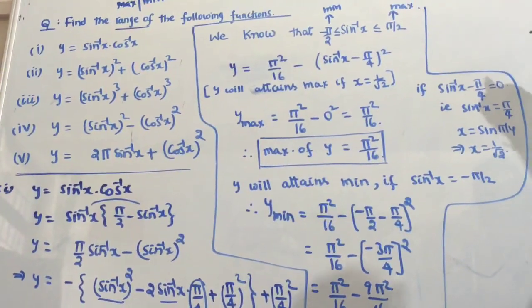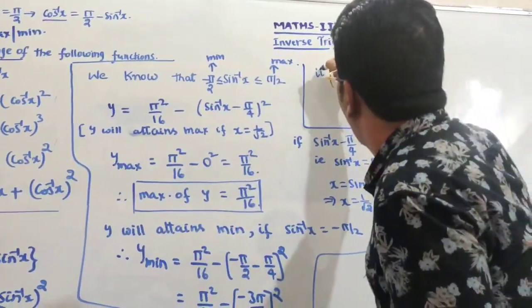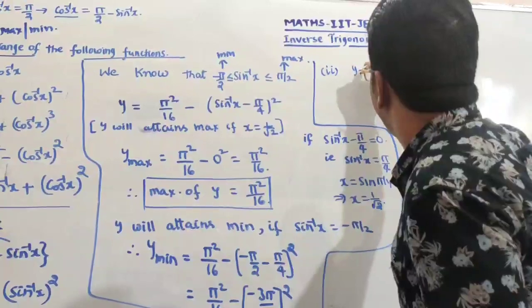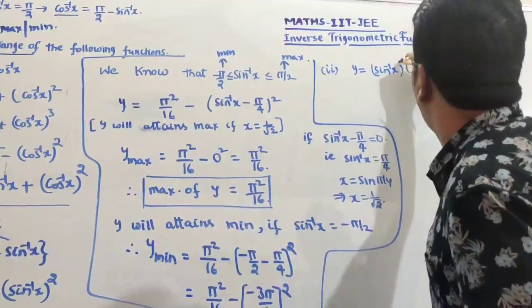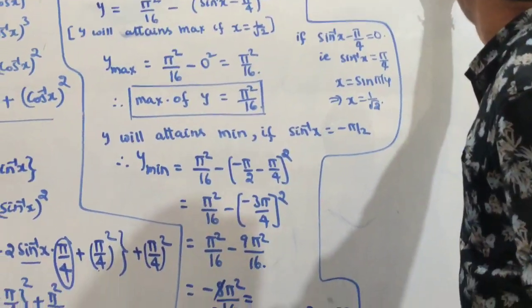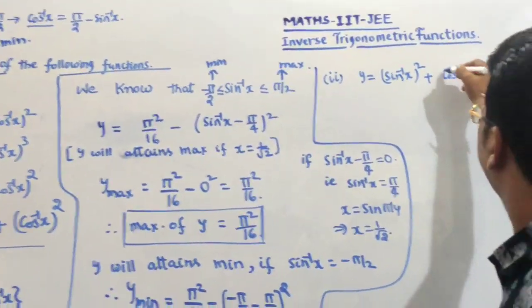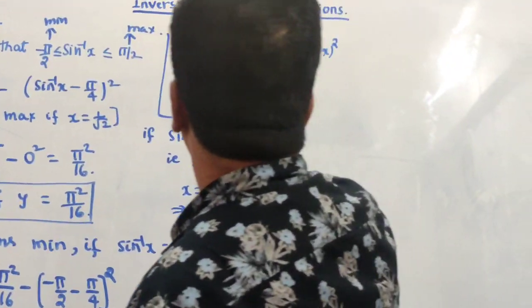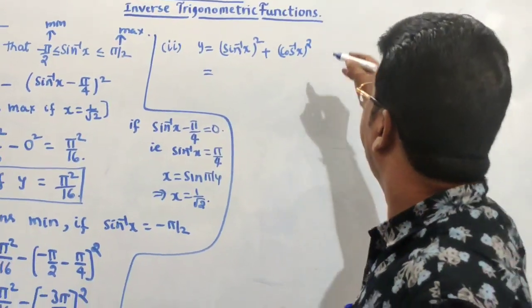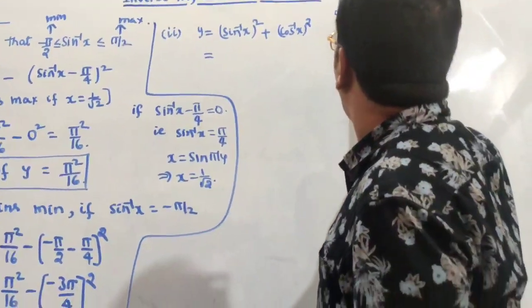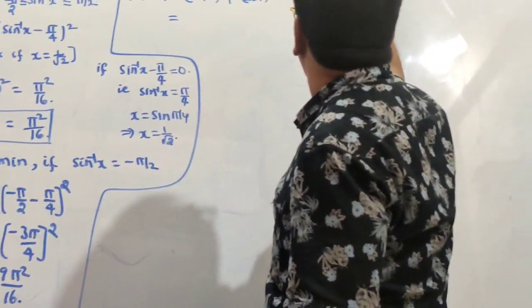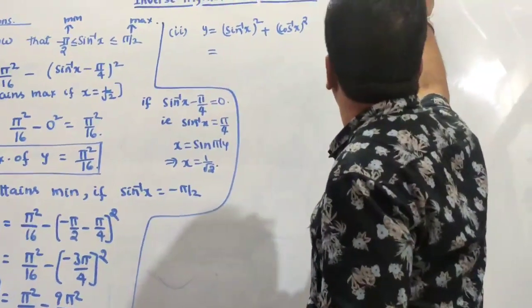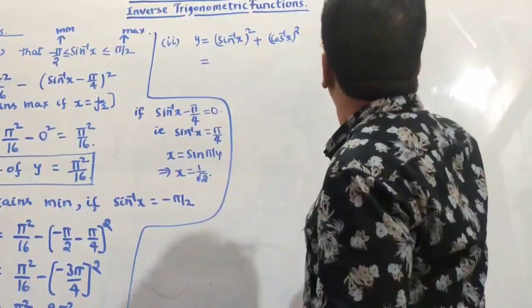Next, the second one, you come here, number 2. The given function is y equal to sin inverse x whole square plus cos inverse x whole square. So let it be small a equal to sin inverse x and small b equal to cos inverse x.